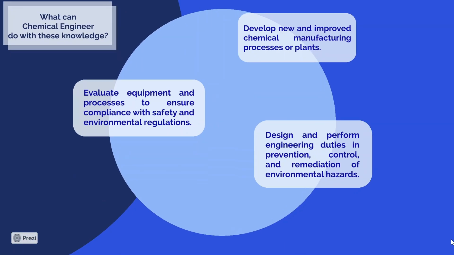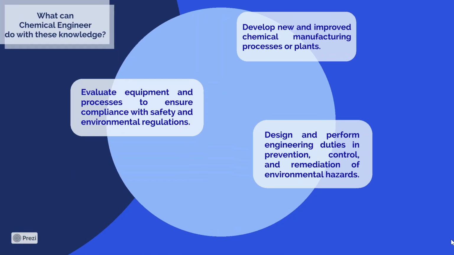Now, we will see what chemical engineers can do with this knowledge. As a chemical engineer, we should be able to develop new and improved chemical manufacturing processes or plants in order to produce new products or improve the efficiency of processes. Next, chemical engineers also evaluate equipment and processes to ensure they are compliant with safety and environmental regulations.